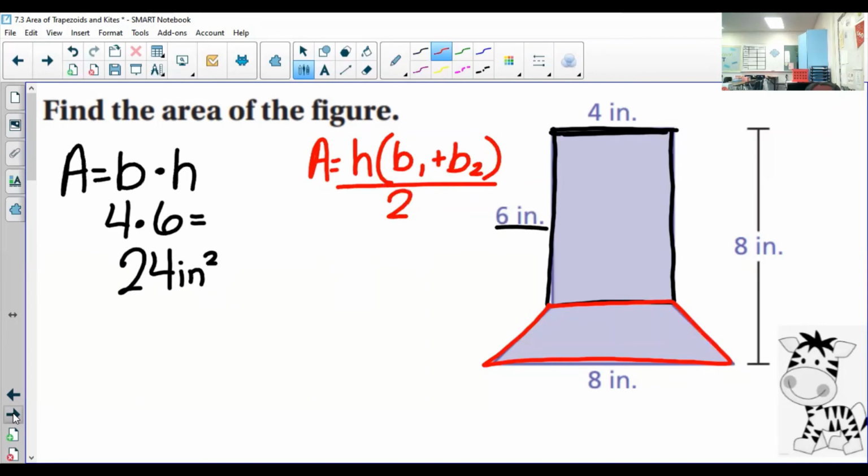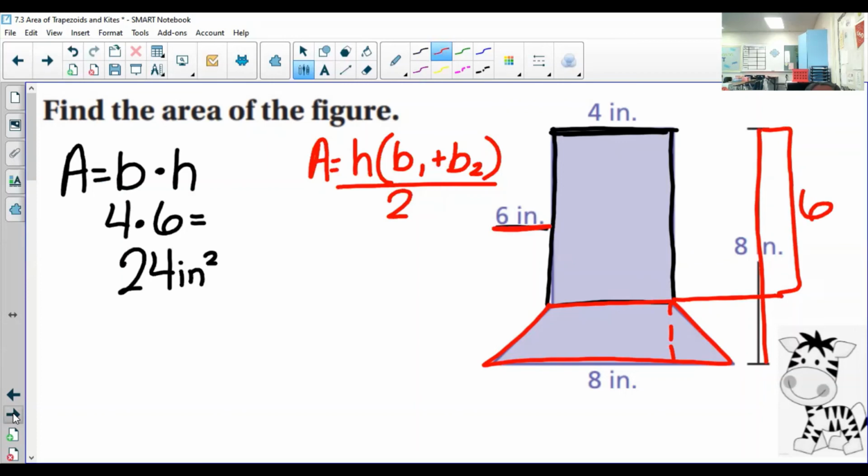So what's the height? We're talking about this distance right here, the height of my trapezoid. Well, I'm going to have to do some math here because look, this comes straight out to here. So I know this whole distance is 8, but I also see that this right here is, how long? This is 6.